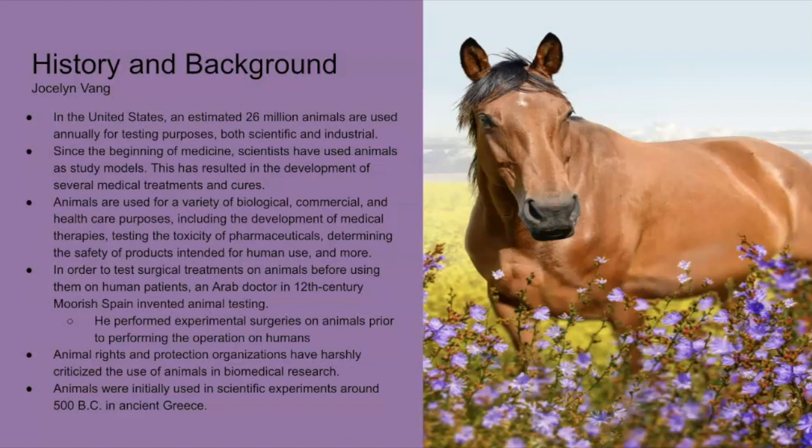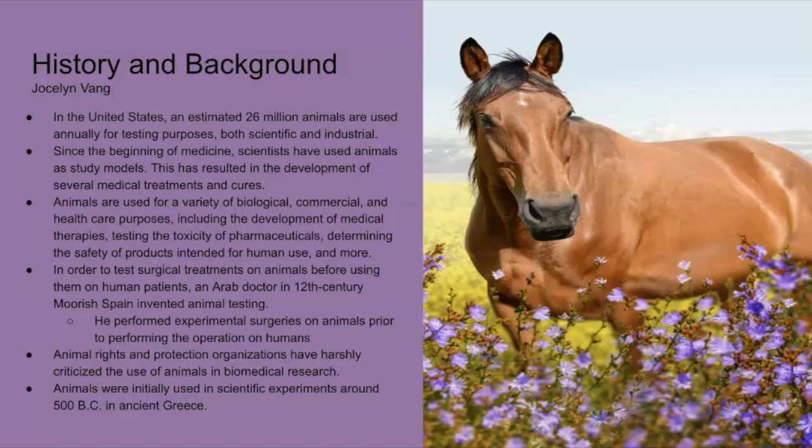History and background. In the United States, an estimated 26 million animals are used annually for testing purposes, both scientific and industrial. Since the beginning of medicine, scientists have used animals as study models. This has resulted in the development of several medical treatments and cures.